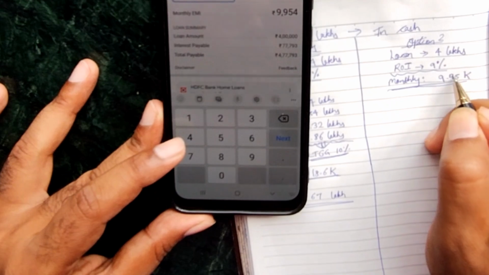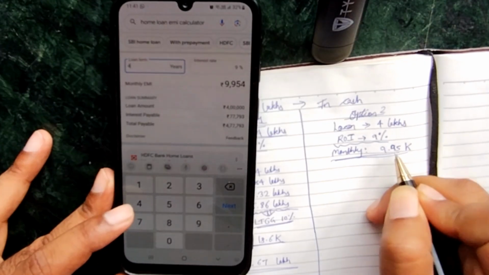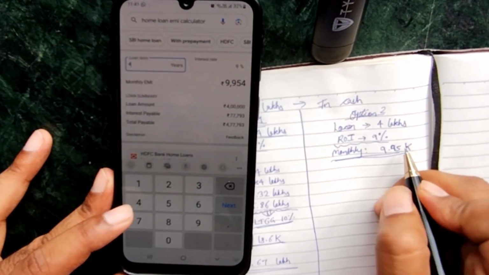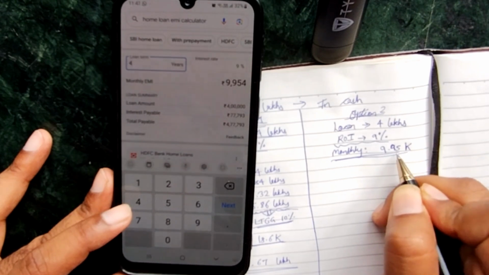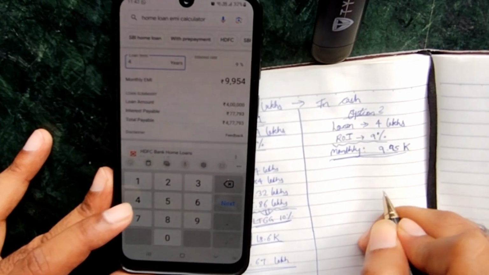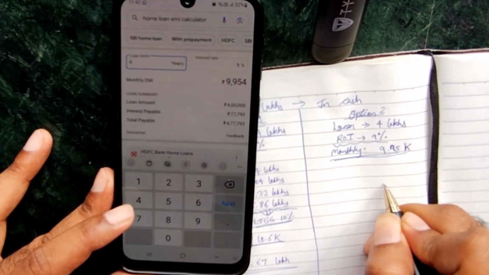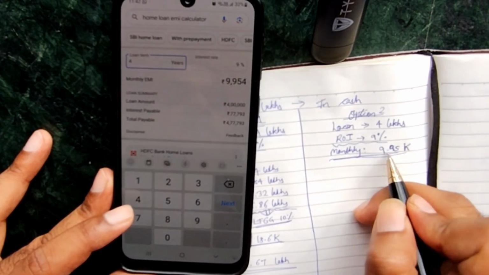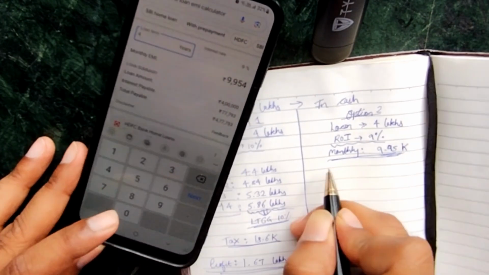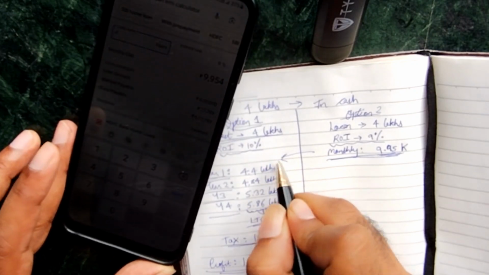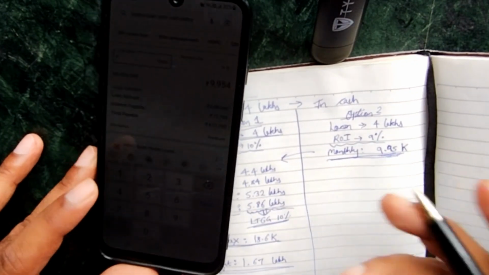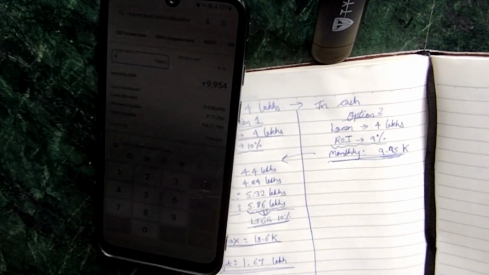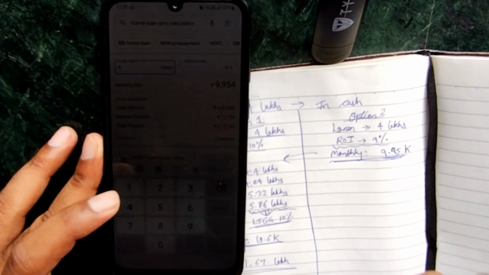Now this 9.95k is paid from month 1 onwards. So the value of 9.95k in month 1 will not be equal to 9.95k when it completes the 4 years. That means if he invests this 9.95k in the same scheme with a 10% interest, this 9.95k would grow to some value at the end of the 4th year, and that is the actual value he would have paid.